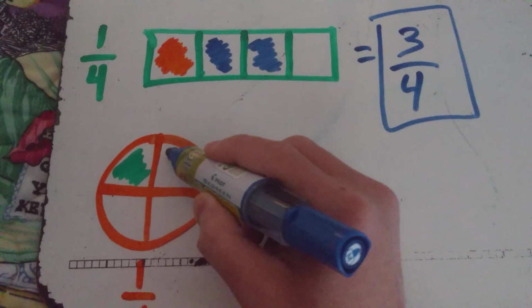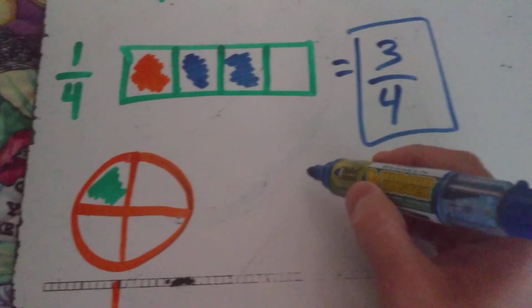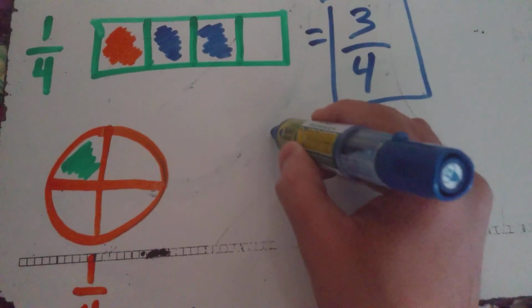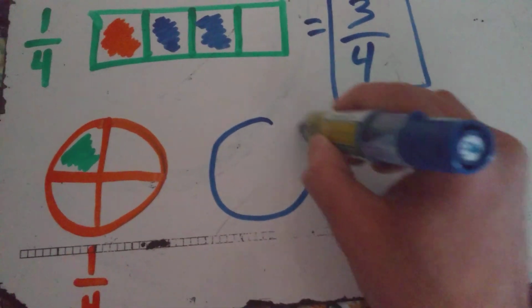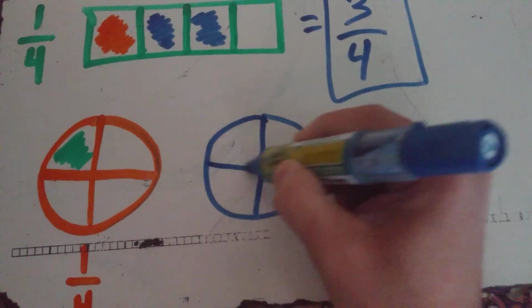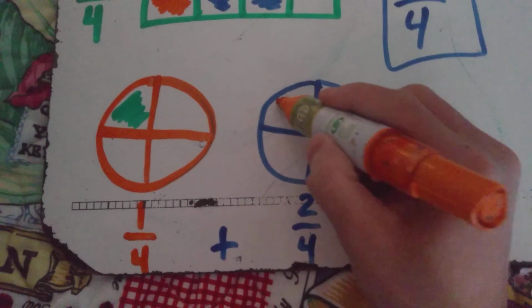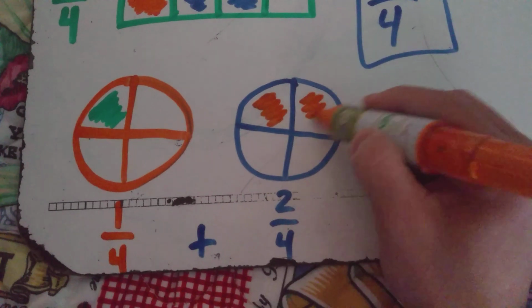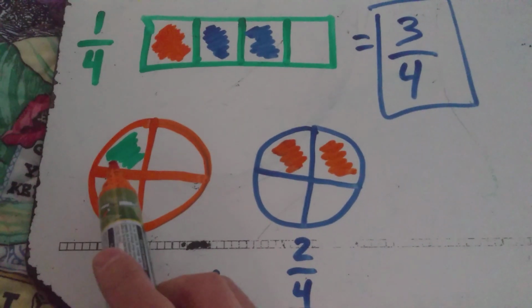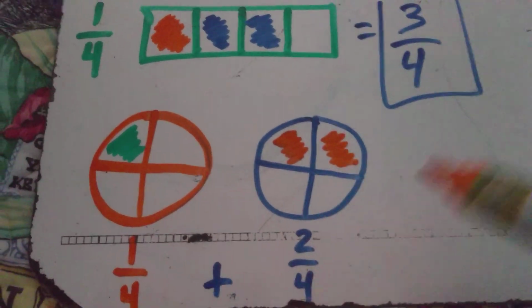Before we do that, let's back up a step here. Before we get to that, let's make a new one here. And we'll represent it as 2/4, the plus sign. 1/4, 2/4. Now, as you can see, we could add. We have 1/4, 2/4, 3/4.